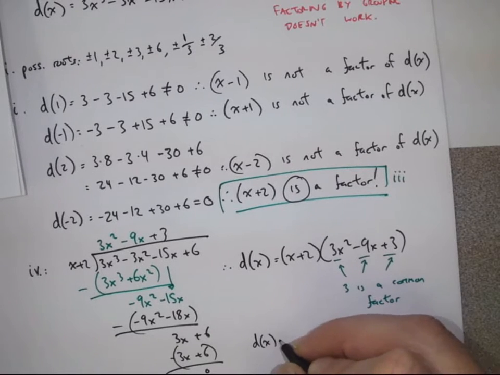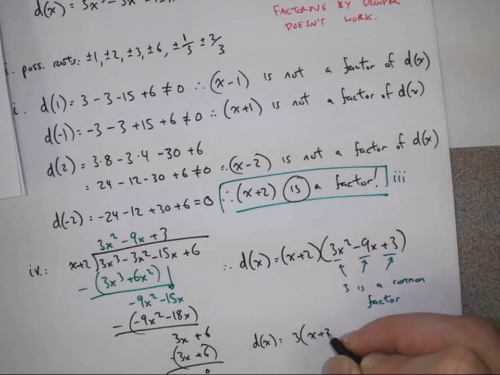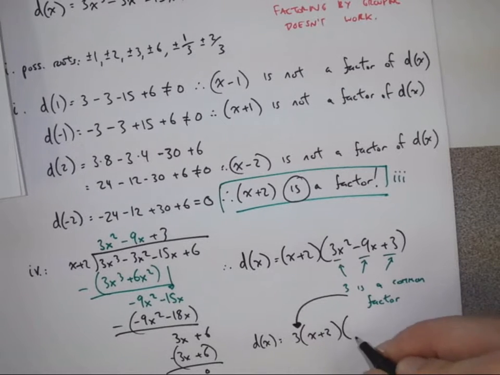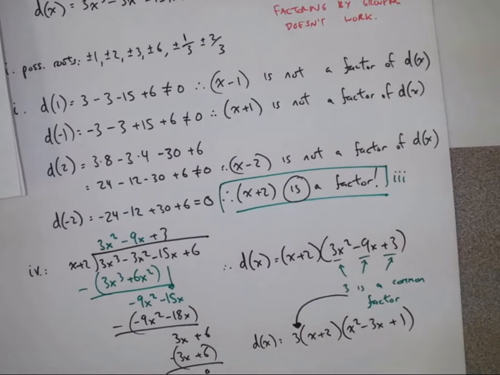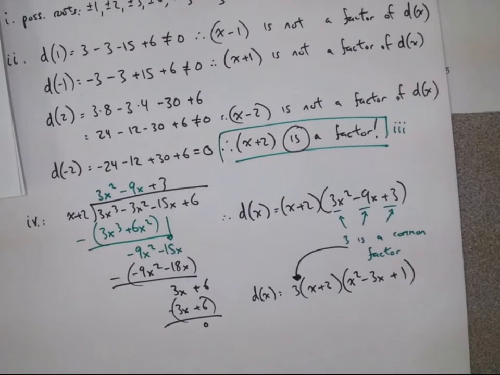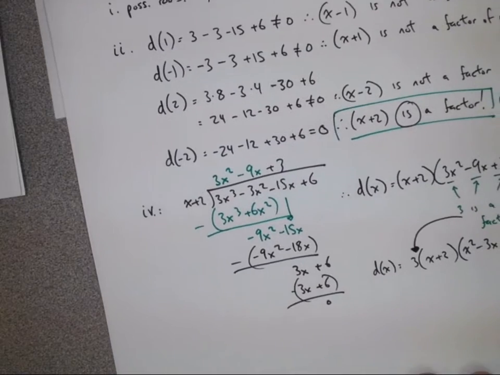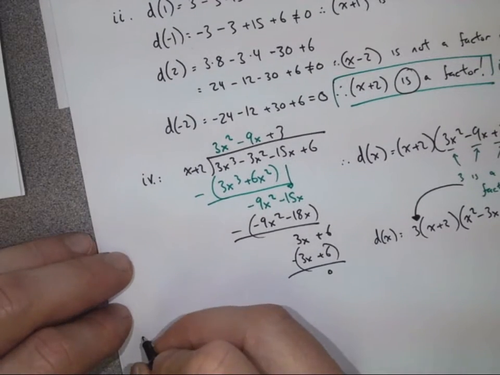D of x is 3 times x plus 2, and I'm going to be left with x squared take away 3x plus 1. Weird. Okay, it doesn't look like I'm going to get any common factors out of that, so I'm going to use the quadratic formula for that. All right, cool. So it's all factored, and I'm going to start by sketching now.